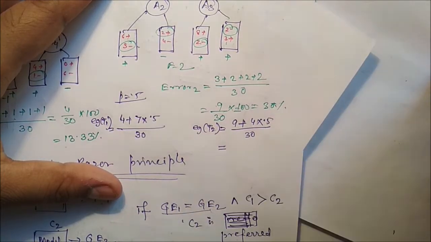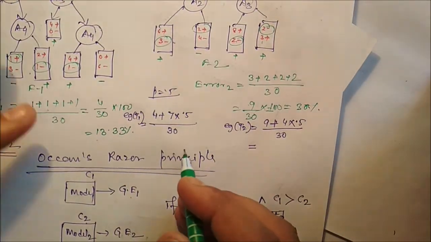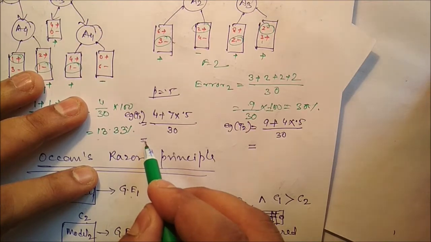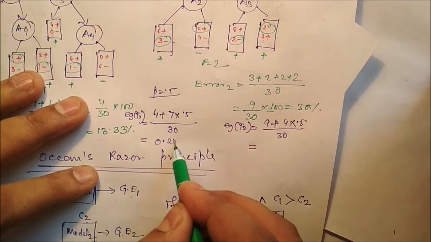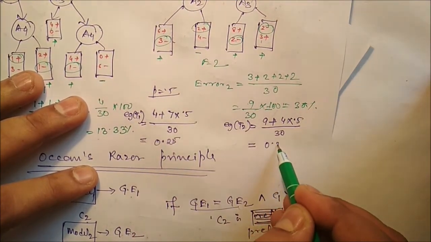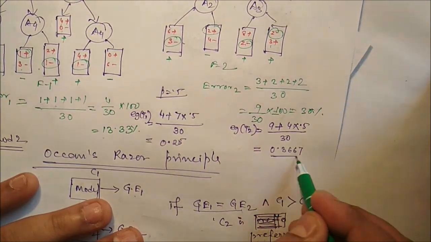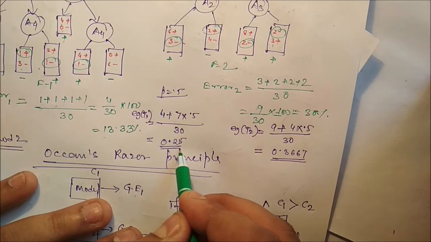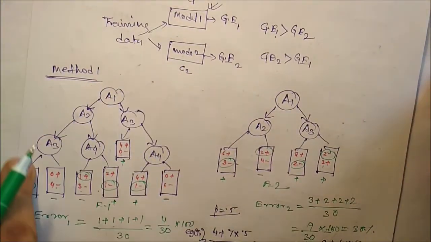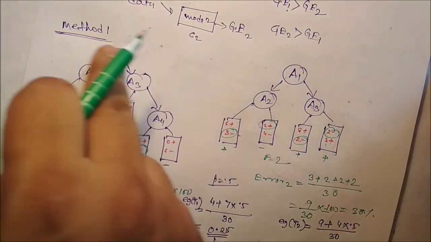If you solve it, the output here is 0.25 and here it is 0.3667. You can see this value is much more than this one. So definitely we have to select this particular model.